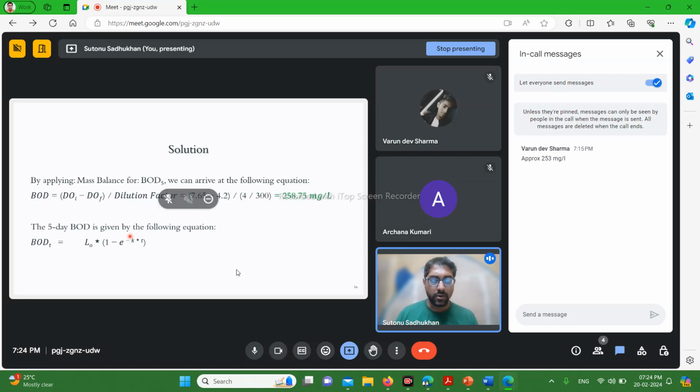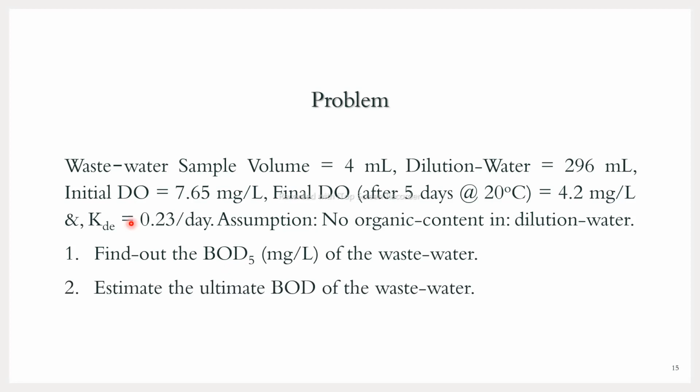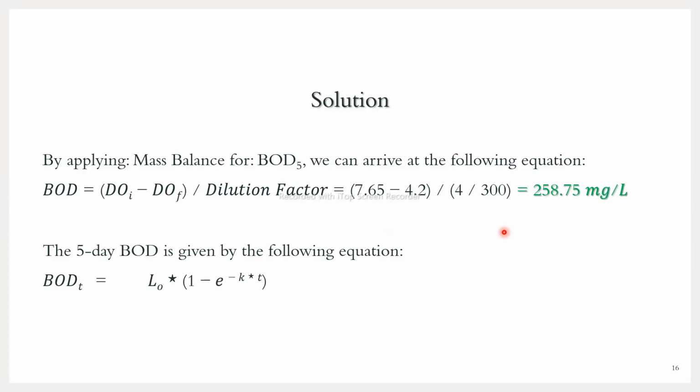If you have noted down the problem, I think K is given on a per day basis, so it will be 0.23 into 5 days, right? And BOD T is given as 7.65, right?